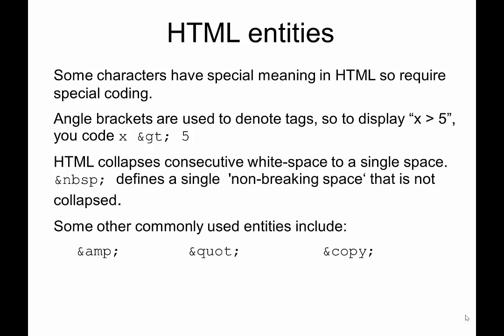When the browser sees an angle bracket, it will interpret it as the beginning of a tag of some kind. And if it finds a greater than sign, it would assume it's the end of a tag of some kind. But sometimes we actually want to put greater than signs and less than signs.